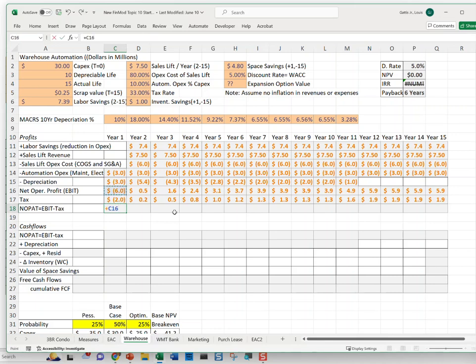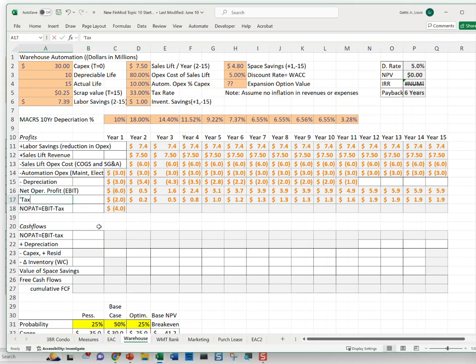I can just take my net operating profit before tax, my EBIT, and add the taxes. Now notice here I didn't have negative taxes here, so I need to actually subtract tax here. All right, so it's EBIT minus the taxes.